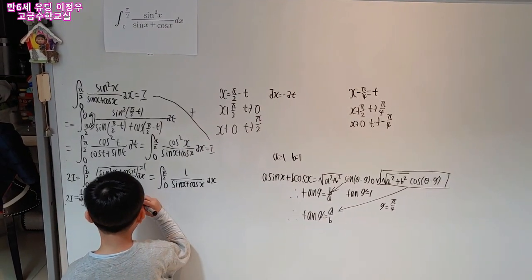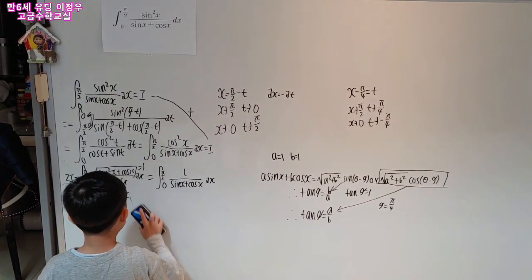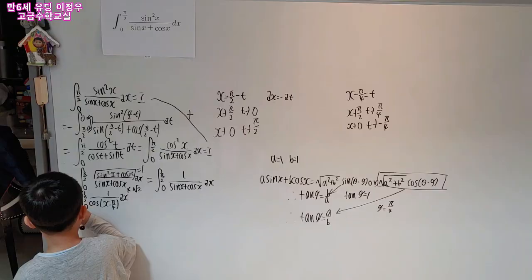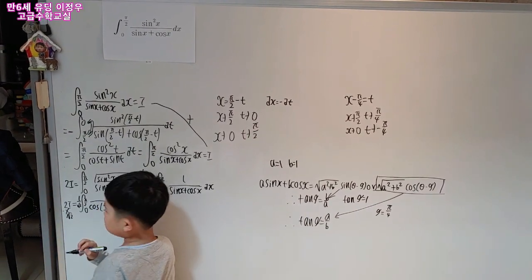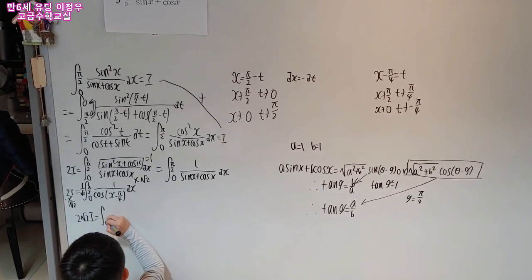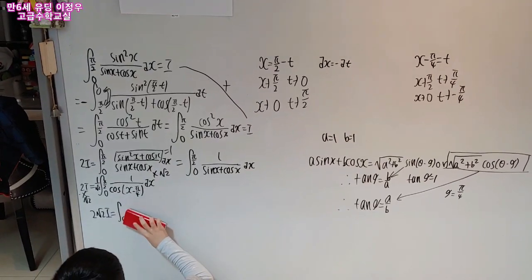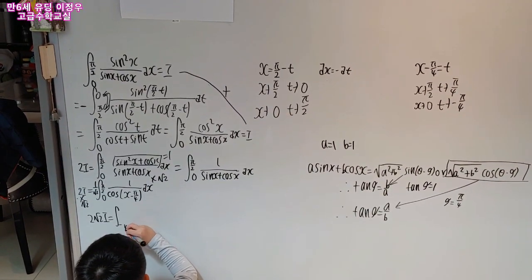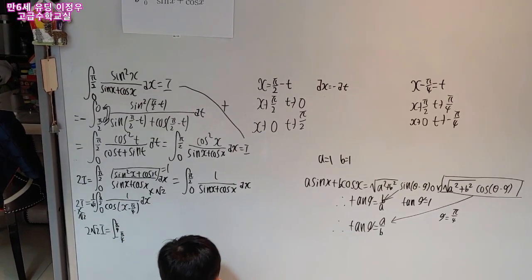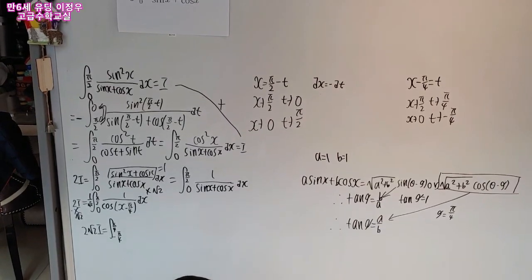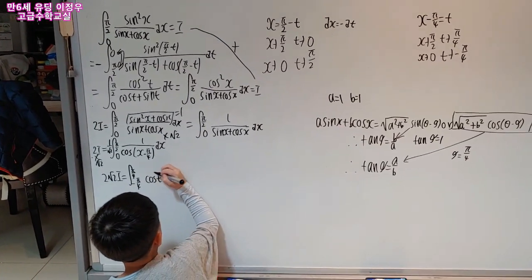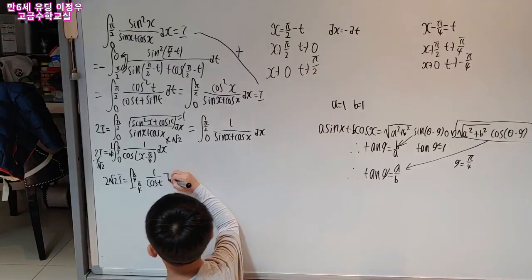And this is root 2 multiplied by root 2. So 2I equals the integral from negative pi over 4 to pi over 4 of 1 over cosine t dt.